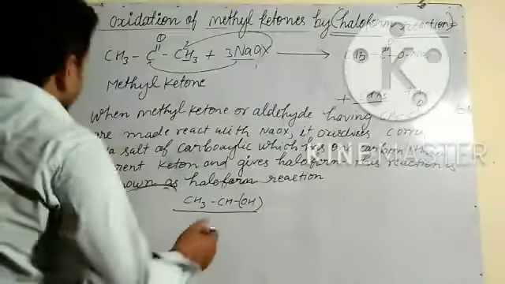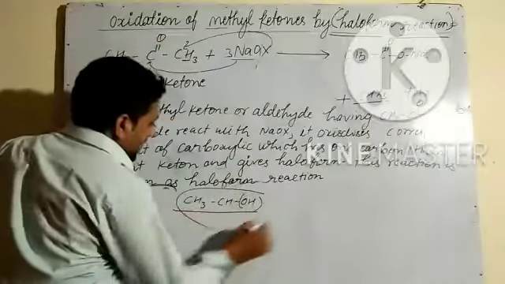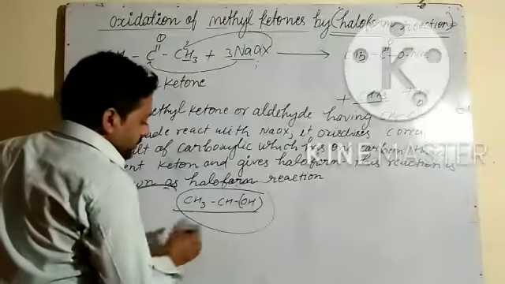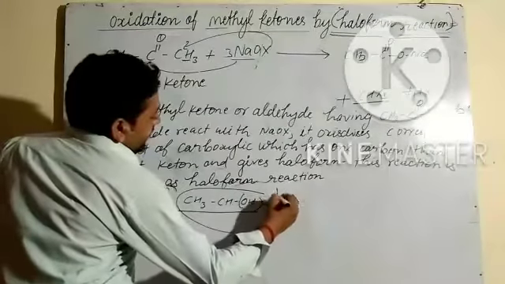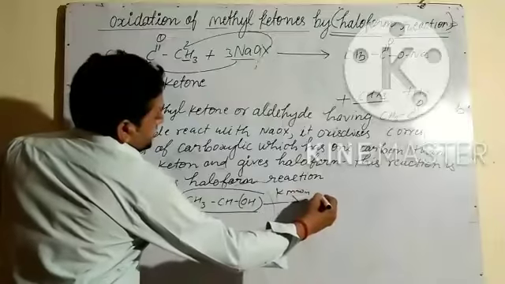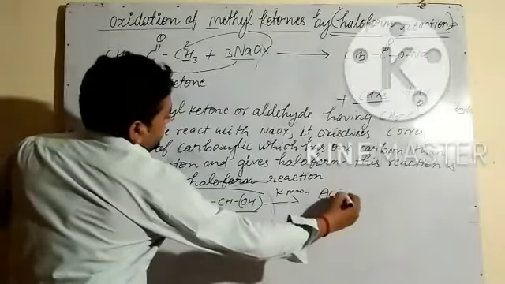Only this alcohol gives haloform reaction, because when it is oxidized by KMnO4, it oxidizes into acid.